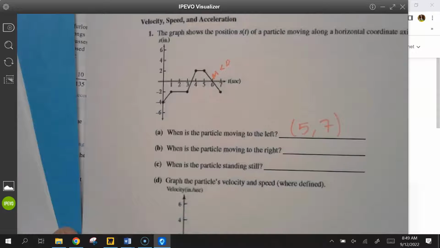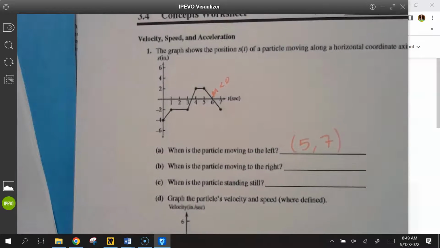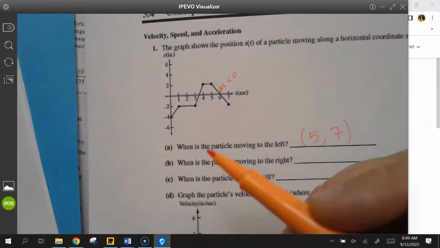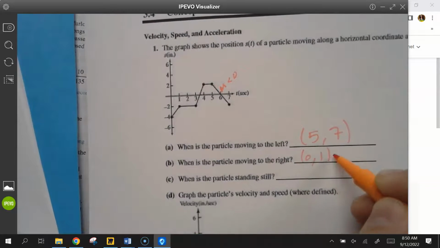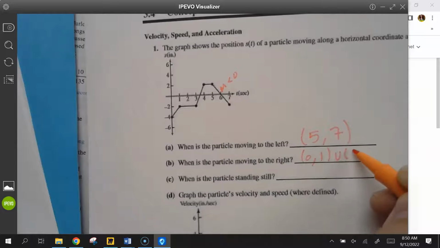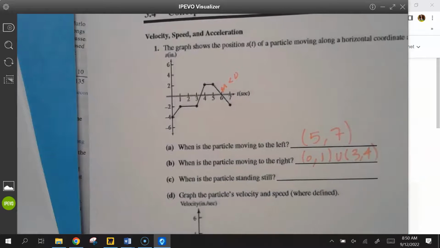How about when it's moving to the right? What am I looking for? Positive slope. So where is that happening? 0 to 1, and then 3 to 4. Does that make sense?